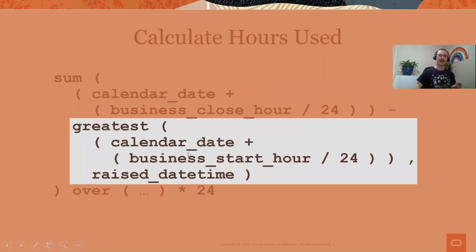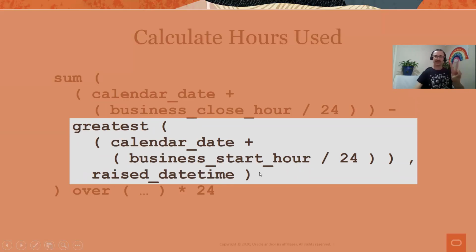So we need to take the greatest of the date plus the business start hour and the date the ticket was raised. That finds what time we could have started working that particular day on that ticket. Subtract the two, and then, as I said, we calculate the running total of this for each of these days. So we've got that over here.